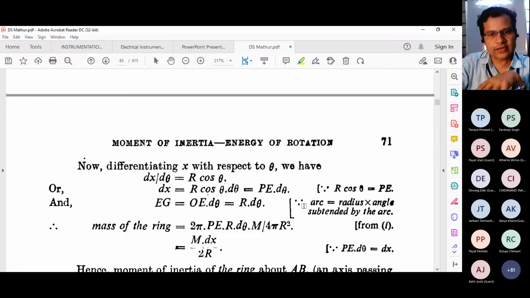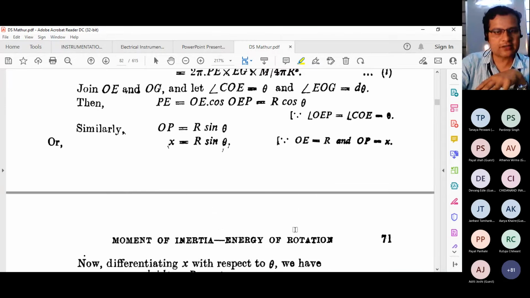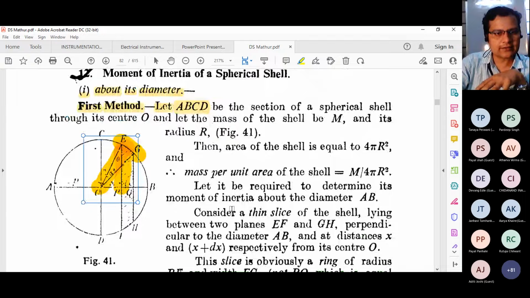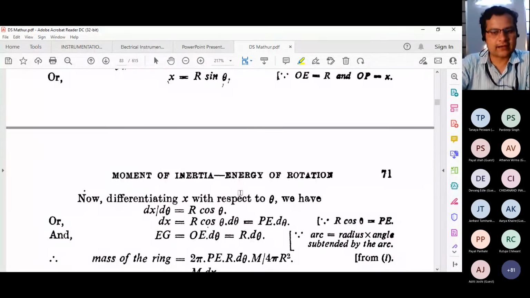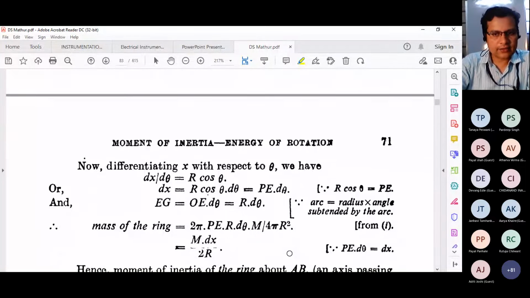And also we need to use the formula for the arc. Arc is equal to radius into angle. So you take the radius multiplied by the angle subtended by that arc, because you need to determine the value of EG. That value of EG is nothing but the arc, which is radius into the angle. So radius is R, and the angle subtended by that arc is d theta.